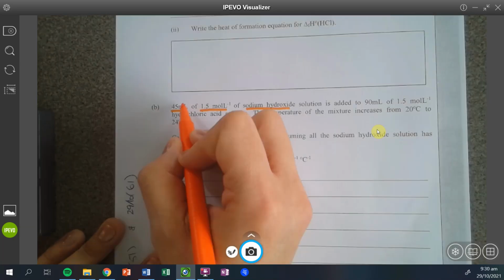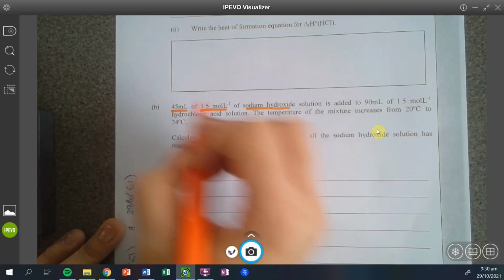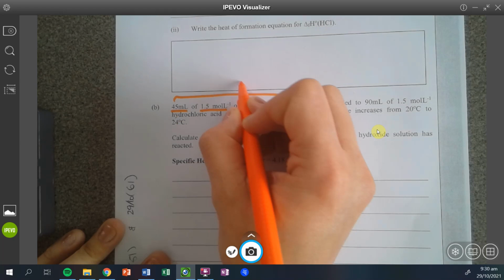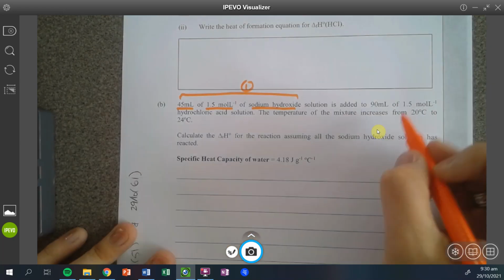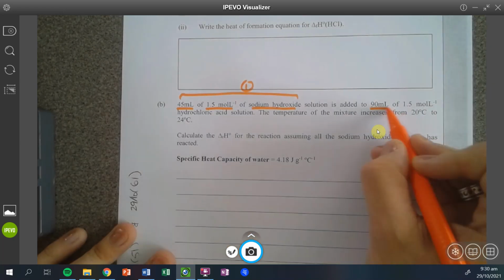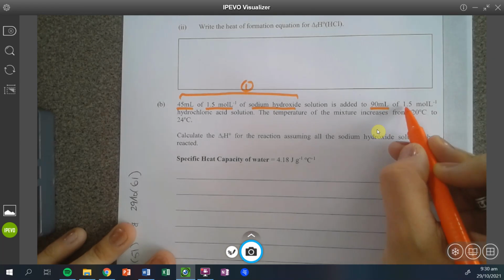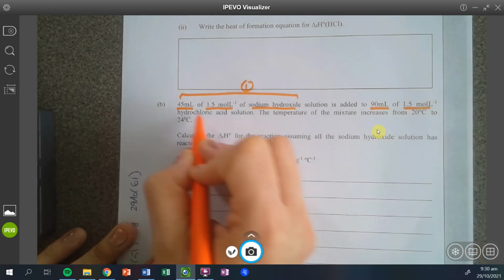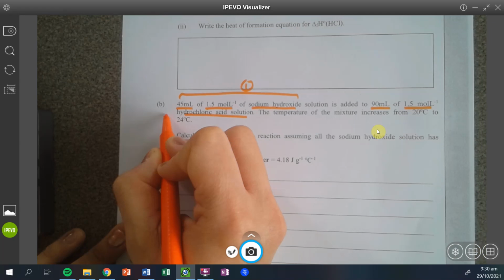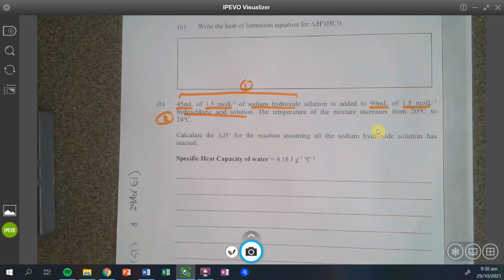That's my first thing. The second thing is that it's added to 90 milliliters of 1.5 moles per liter hydrochloric acid solution. That's my second thing. So from that information, I need to think about what type of calculation I have here.